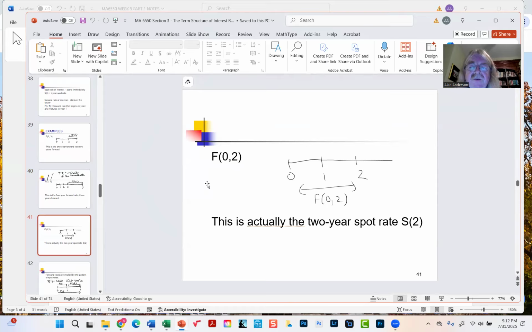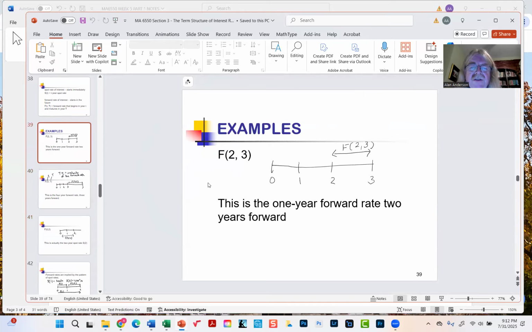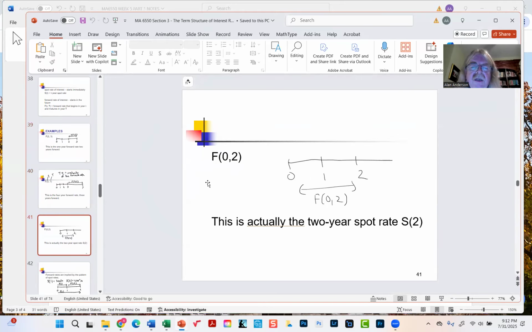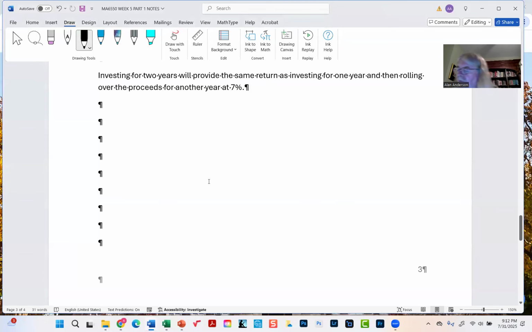Now here's where we have to watch it. A little trickiness here. If the forward rate starts today, then it is in fact a spot rate. In other words, the forward rate 0 comma 1 means it starts today and matures a year later.